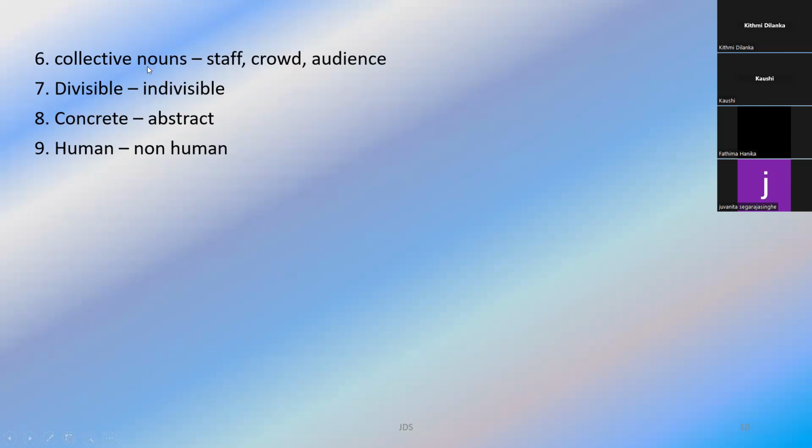Now the last three, concrete abstract we use, divisible, indivisible, human and non-human. They are not that much used very often, like animate, inanimate. That is the classification you have over here, human and non-human.